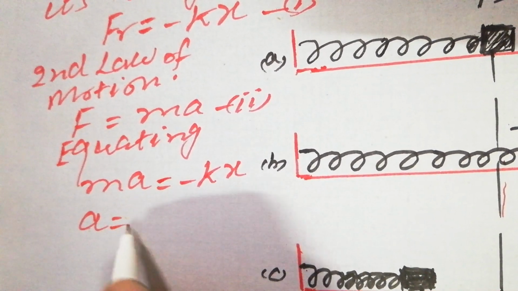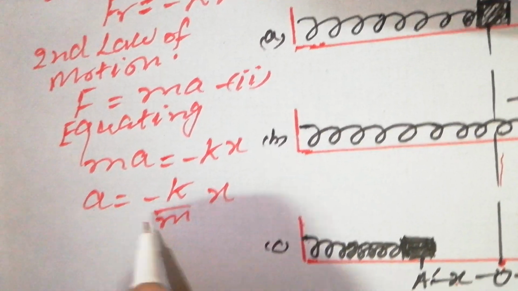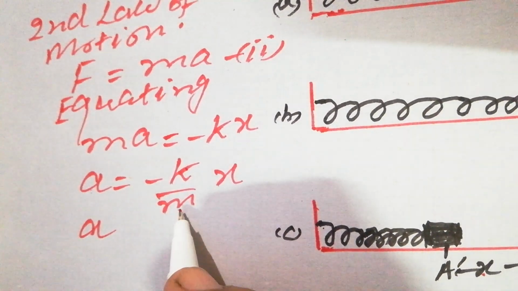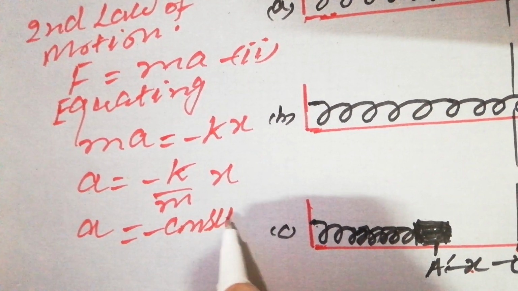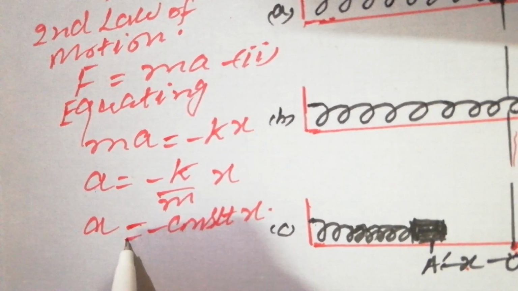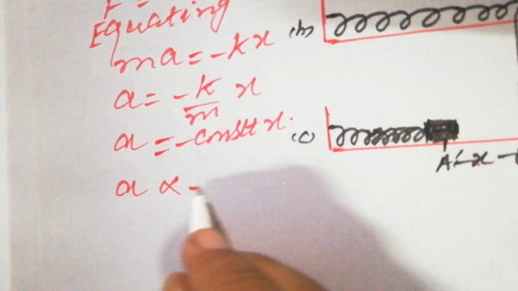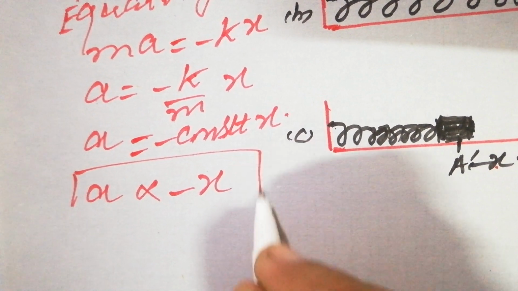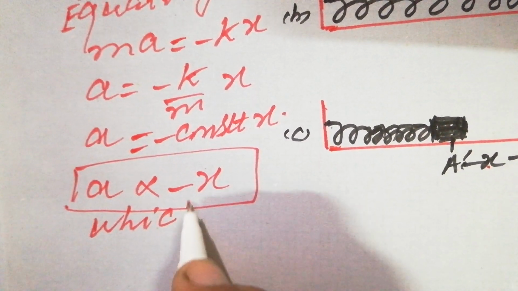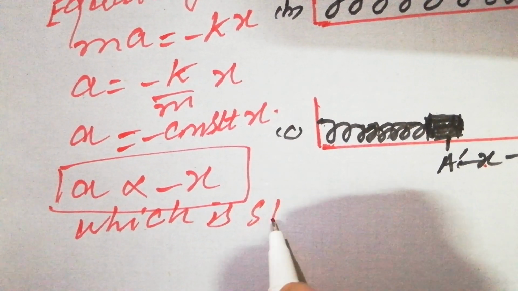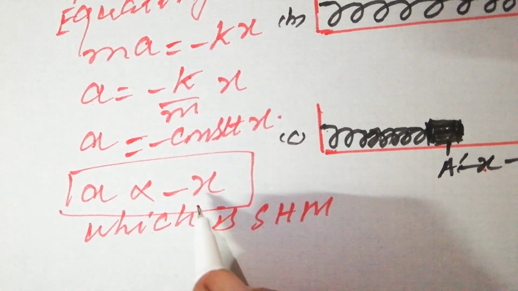So a will be equal to minus k over m into x. In this case, k is constant, m is constant, so you can replace them by another constant into x. The equality sign and constant can be removed by just the proportionality sign. So a is proportional to minus x, which is simple harmonic motion, SHM.